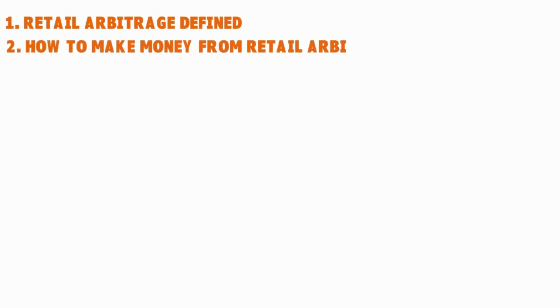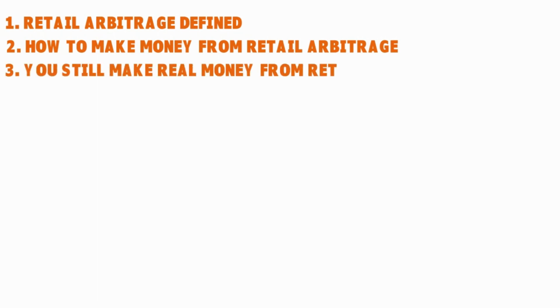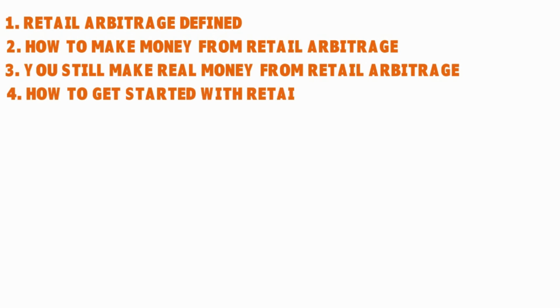So let me quickly recap what we talked about today. Today I defined what retail arbitrage is and how to make money from retail arbitrage. I told you that yes, you can still make real money from retail arbitrage, even if there is increasing competition. I showed you how to get started with retail arbitrage sourcing.